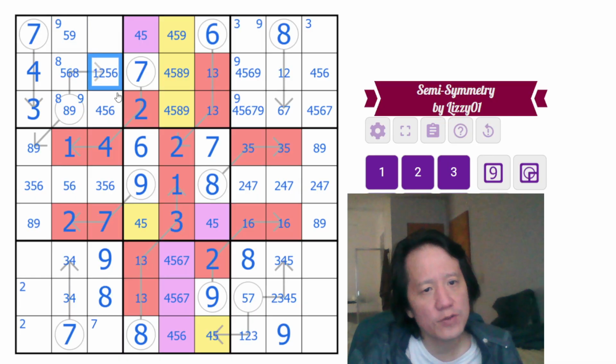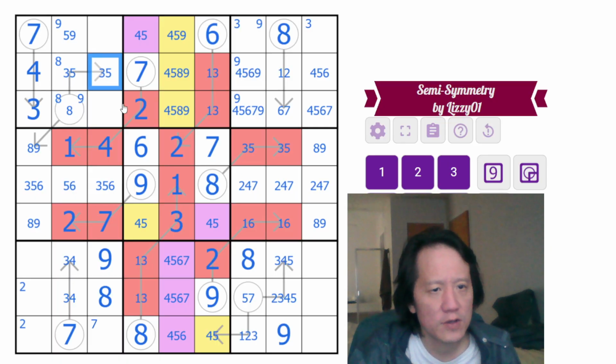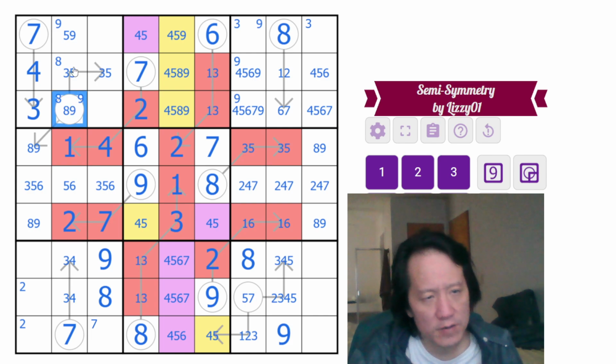This can't be 3. Okay, so the other scenario was this was 8. This was 8, and this was 3, 5. Now this scenario is, this is 8 or 9. This can't be 3 anymore.